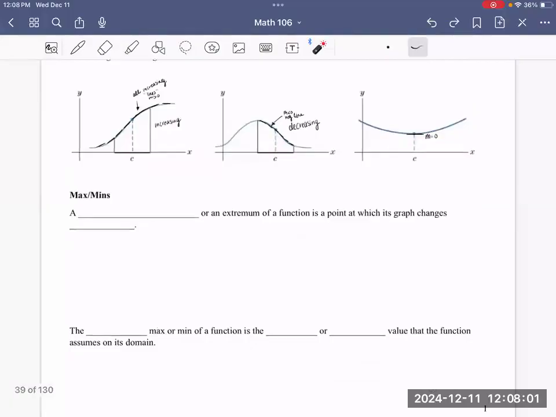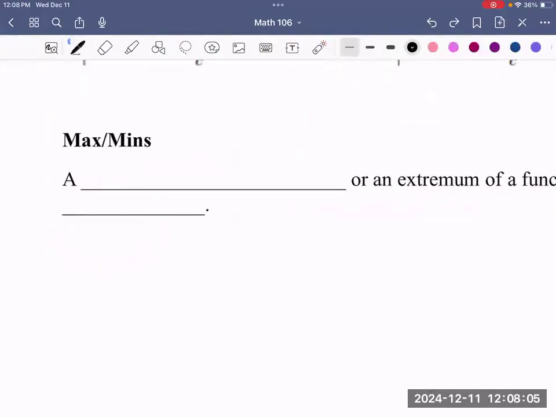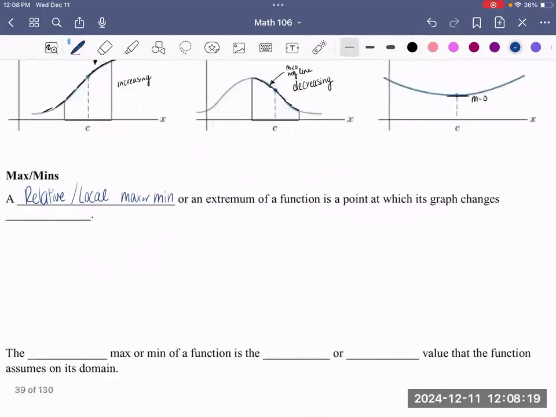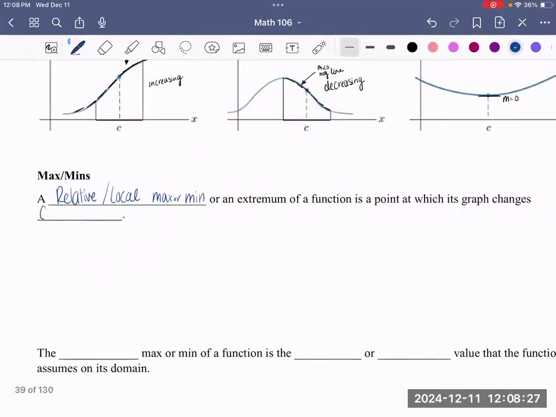So when we talk about your maxes and mins, I just said relative and local, those words are interchangeable. So a relative and local max or min, which is also called an extremum or an extrema of a function, is a point at which the graph changes in direction.